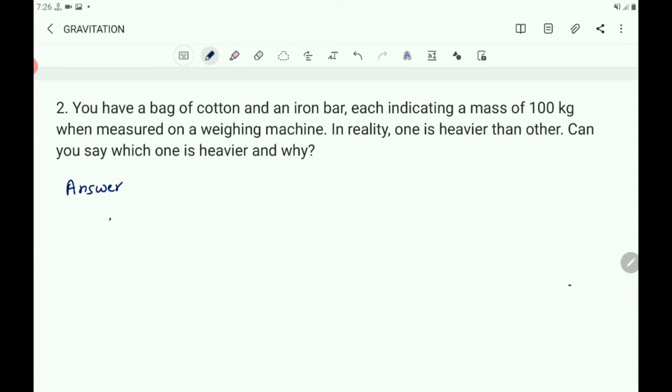That is the answer here. Iron bar is heavier than the cotton bag.